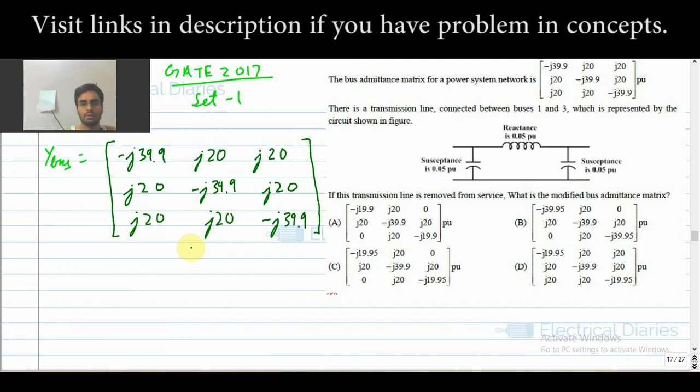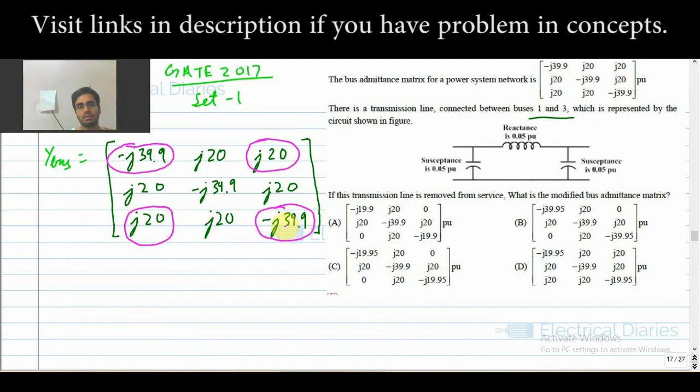Now we have to modify it. He is saying that the connection between buses 1 and 3 is like this, and this connection has been removed. So what elements are going to be affected by this removal of the line? Y11, because Y11 means all the elements connected to bus 1, Y33 will also be affected, and Y13 and Y31 will be affected.